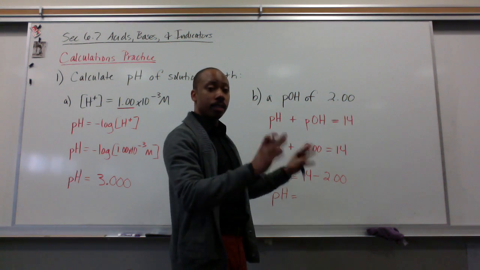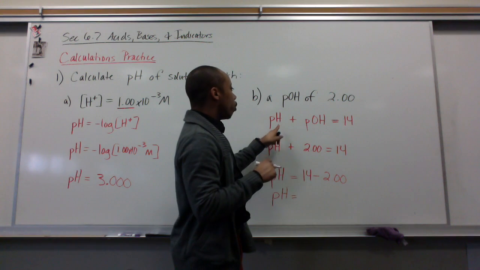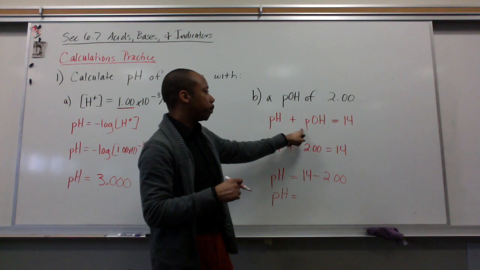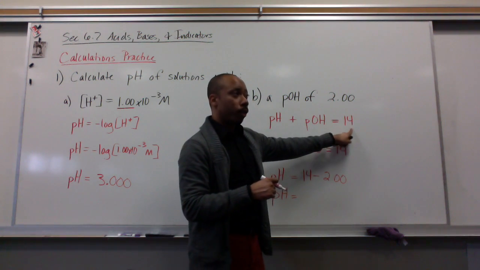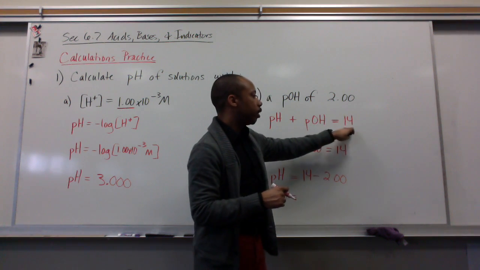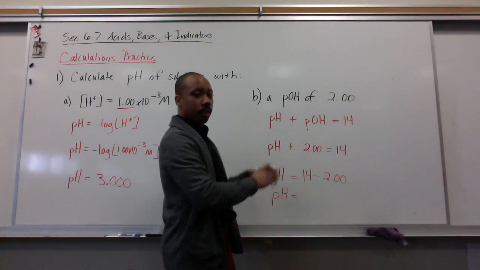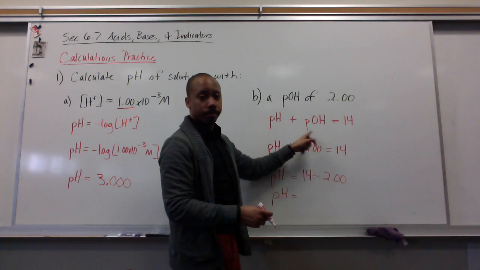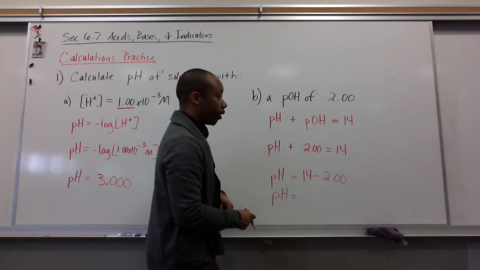It's a different scale. So one way we can find this out very quickly is using this equation: pH plus pOH is equal to 14. 14 is a constant here, and these numbers can fluctuate, but they have an inversely proportional relationship. So as one increases, the other decreases.